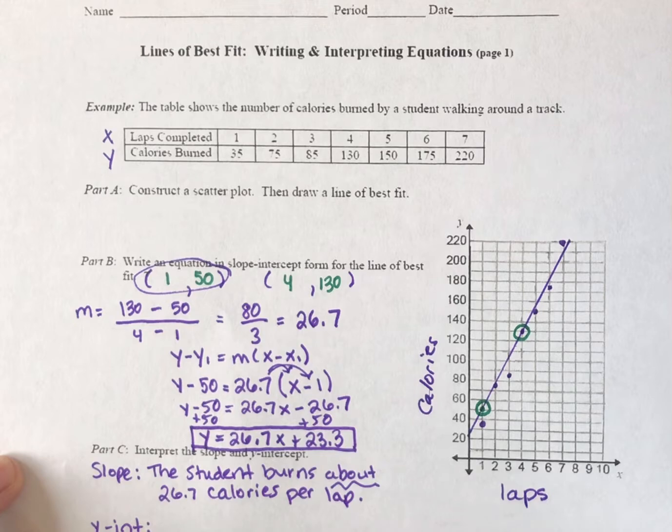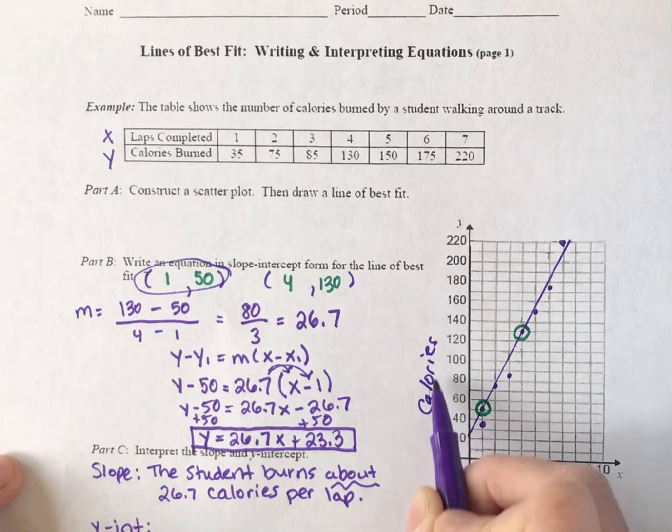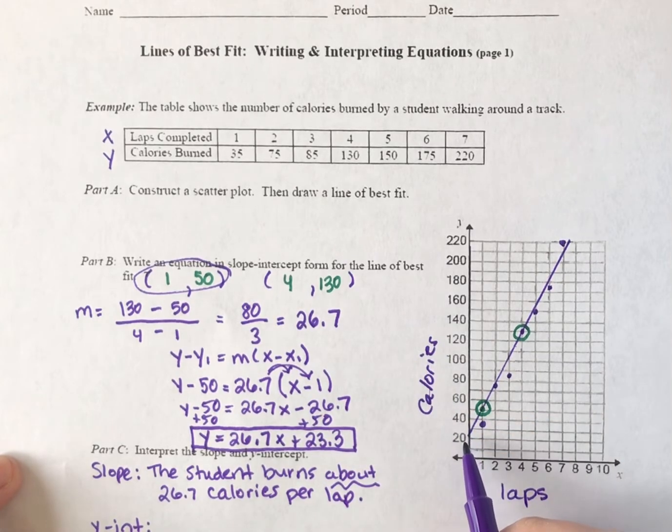So what are we starting at here? Well, my y-intercept is 23.3. And what I'm talking about is this person walking around the track. Well, I'm starting at 23.3. On the y-axis, that means calories.